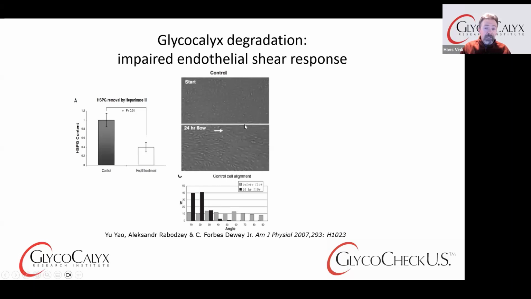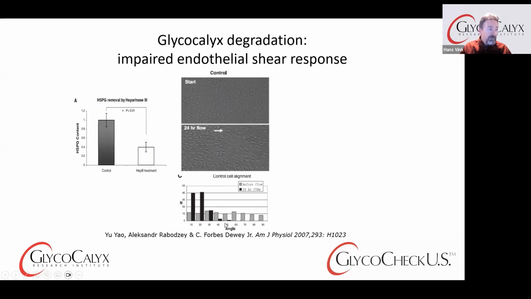But if they have a glycocalyx and you start flowing blood over the endothelium from left to right, then within hours, all the cells will sense the shear stress. They will orient themselves in the direction of the shear stress, and they will completely change the way they behave. And that's also shown in the graph on the bottom that shows the angle between the blood flow from left to right and the position of the endothelial cells.